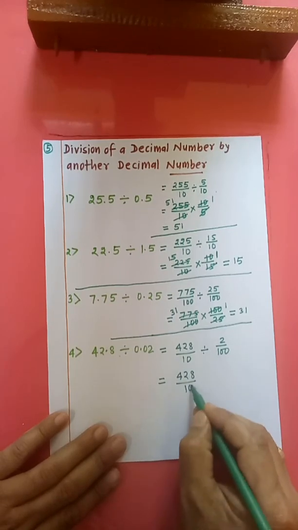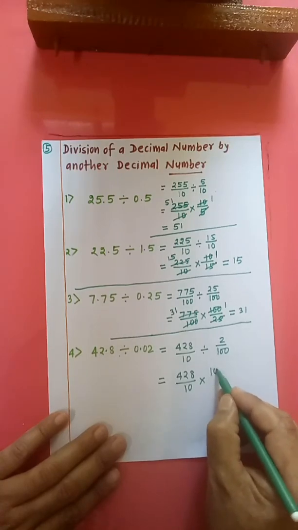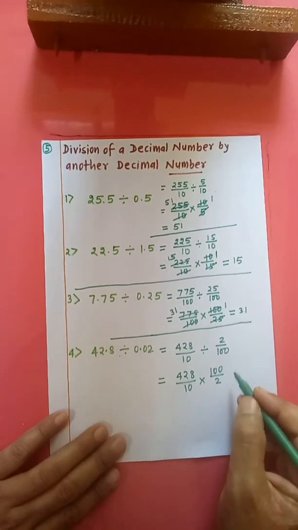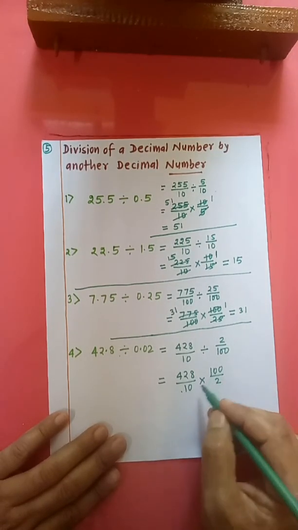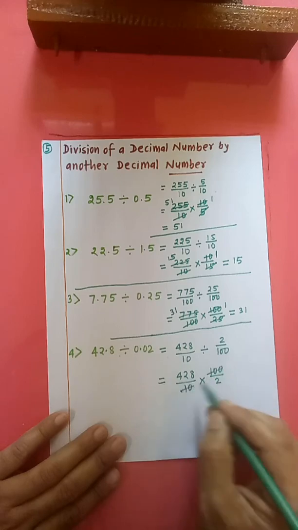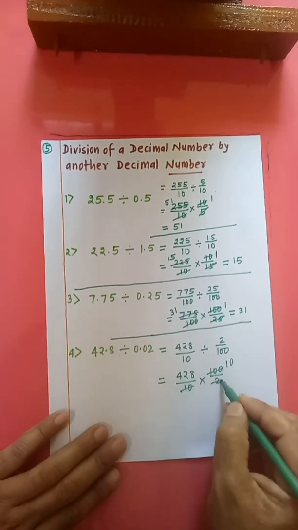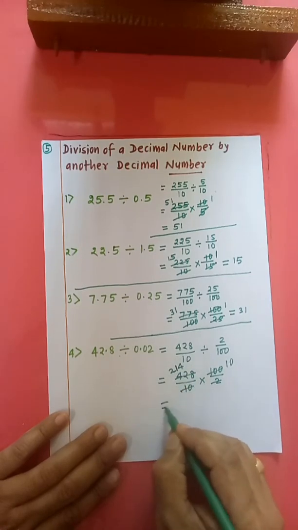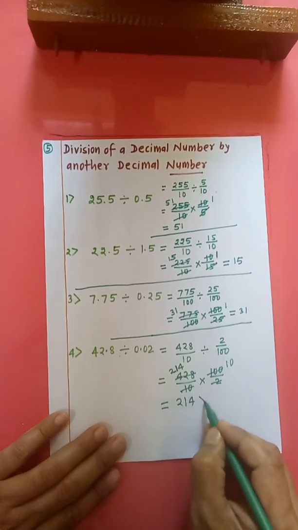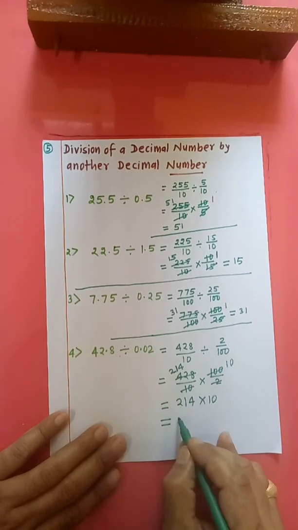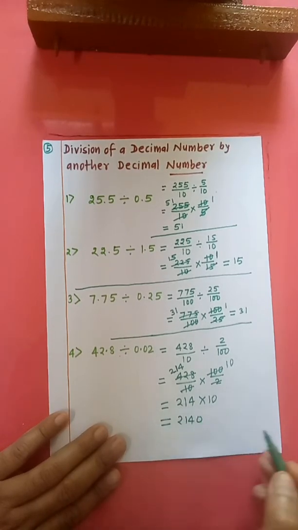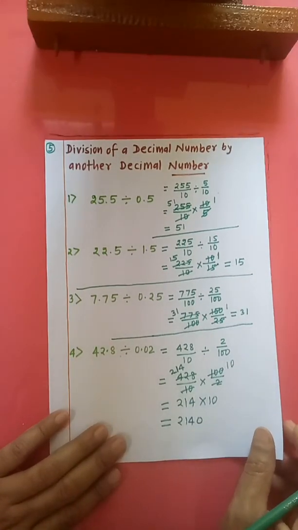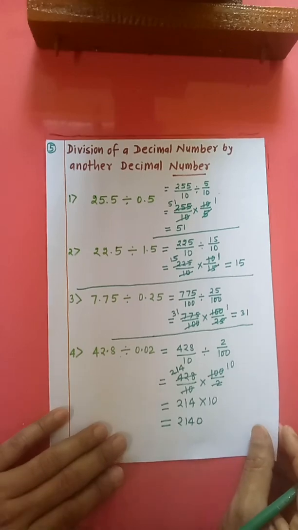We will get 428 upon 10 multiplied by 100 upon 2, which is the reciprocal of 2 upon 100. 100 divided by 10 is 10 times, and 428 divided by 2: 2 2 ja 4, 2 1 ja 2, 2 4 ja 8, gives 214 multiplied by 10, which gives 2140, which is the final answer. So dear students, this is the division of a decimal number by another decimal number.